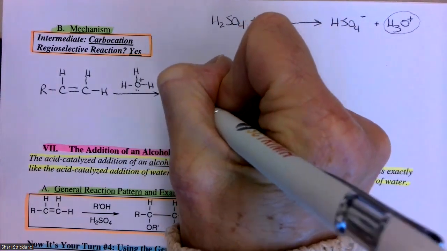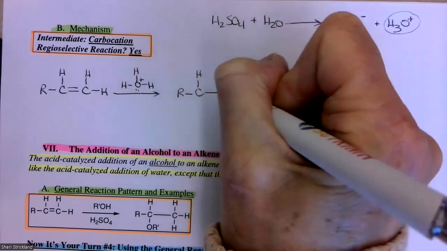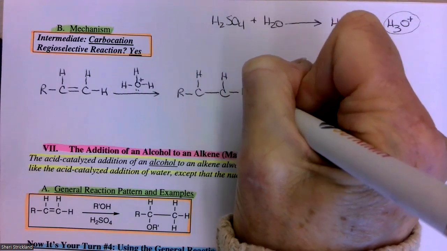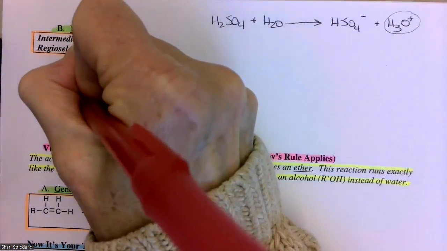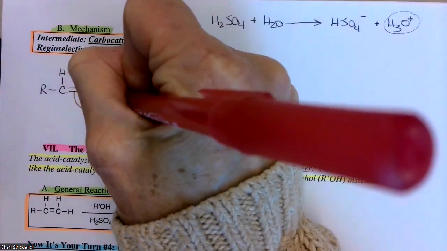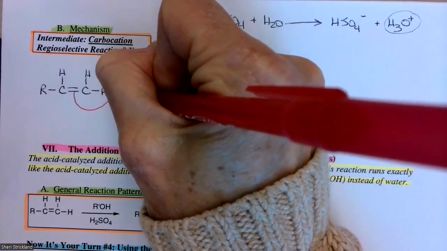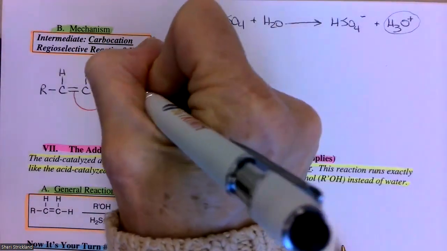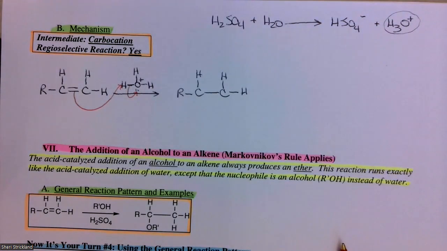So what's going to happen here is we're going to have a first step where the electrophile adds. And so that's just like all the rest of them. The arrow starts at the pi bond, goes to the partially positive hydrogen, and then this bond between the oxygen and the hydrogen breaks, and those electrons go back onto the oxygen.